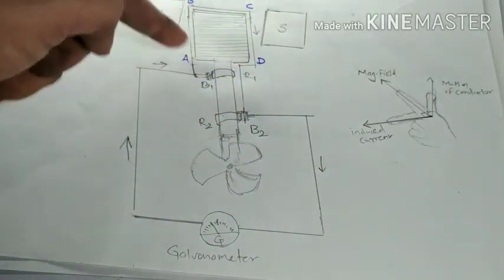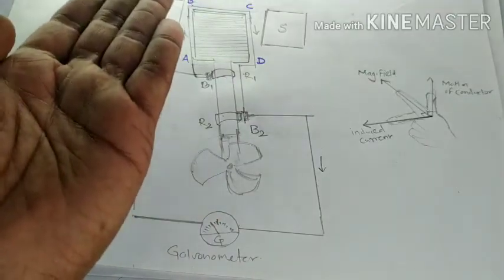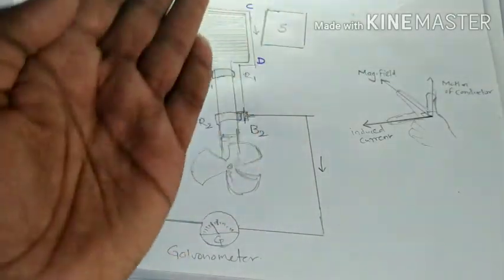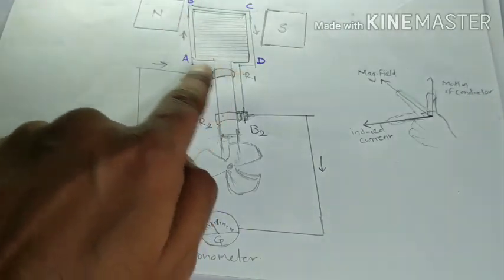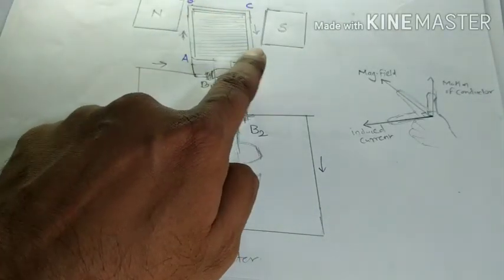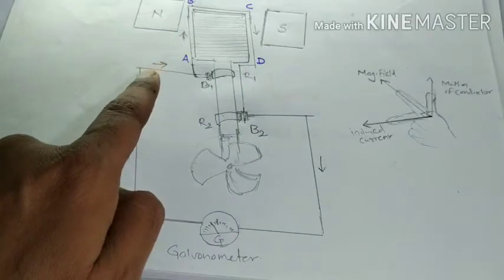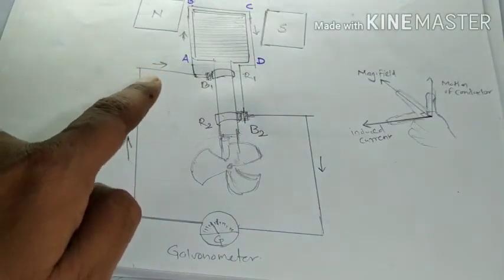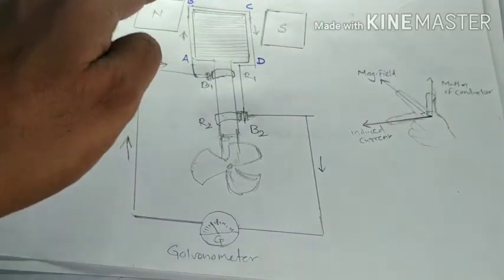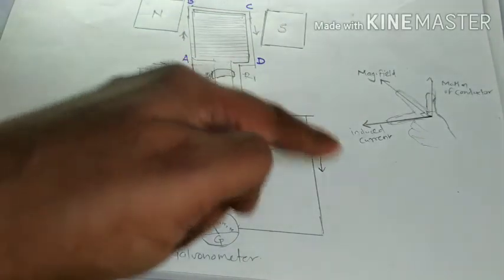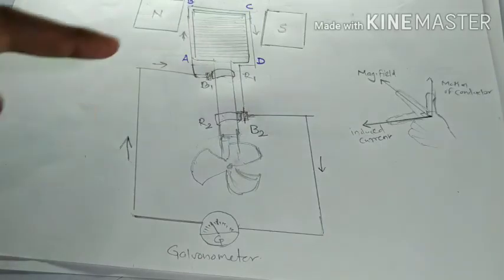The current changes after a half rotation of 180 degrees. After half rotation, the branch AB takes the place of CD, and CD takes the place of AB. Therefore the current now goes from D to C to B to A, in the reverse direction.